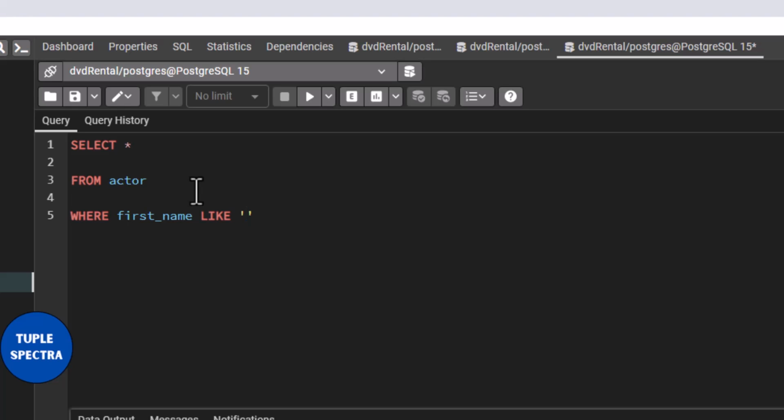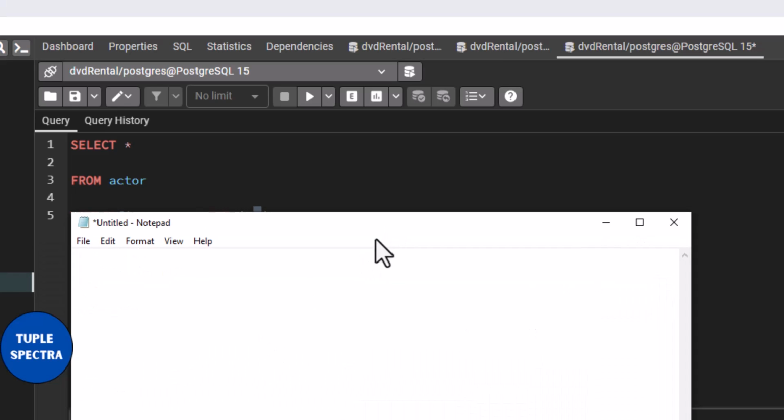We want a name that starts with an uppercase E and has one or more characters after it.